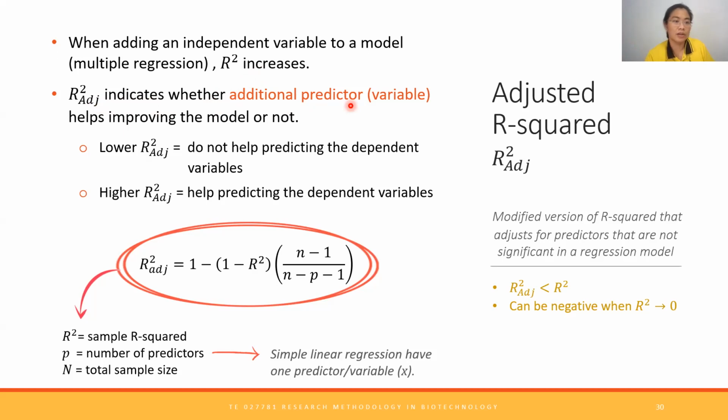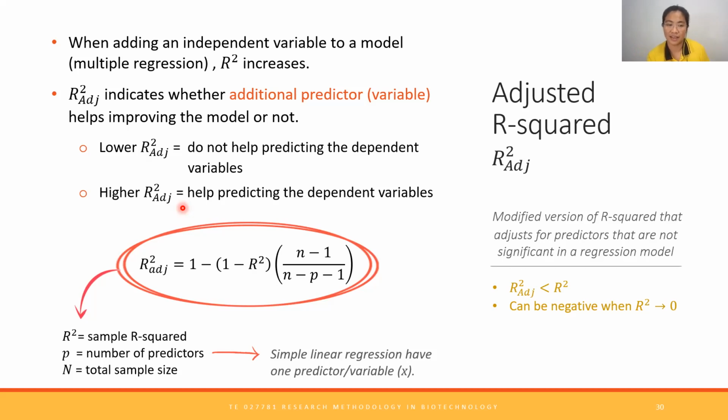If you have a low adjusted R-square, it wouldn't help predicting the model. So the closer the adjusted R-square is to the R-square, the better.